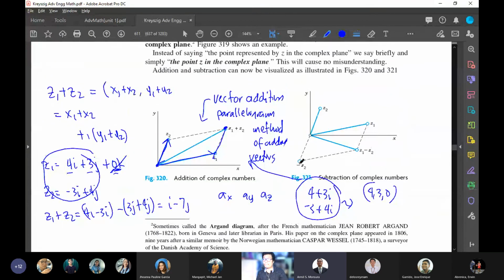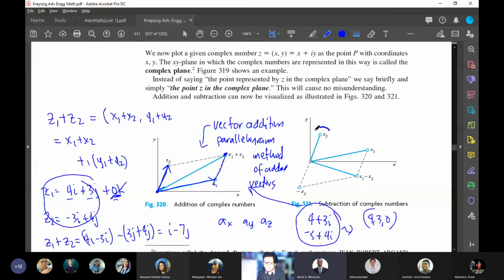Now, kung subtraction naman, what would happen is that yung second operand ninyo, if this is Z1 minus Z2, yung second operand natin na Z2 becomes negated. When you say negated, sige, ipe-preempt ko na. It actually rotates by 180 degrees. So, napupunta to dun sa opposite line niya.